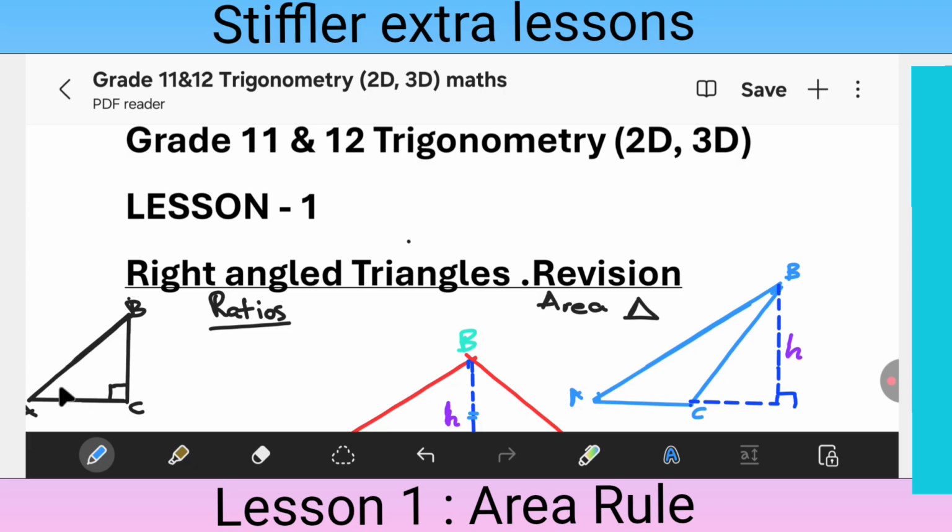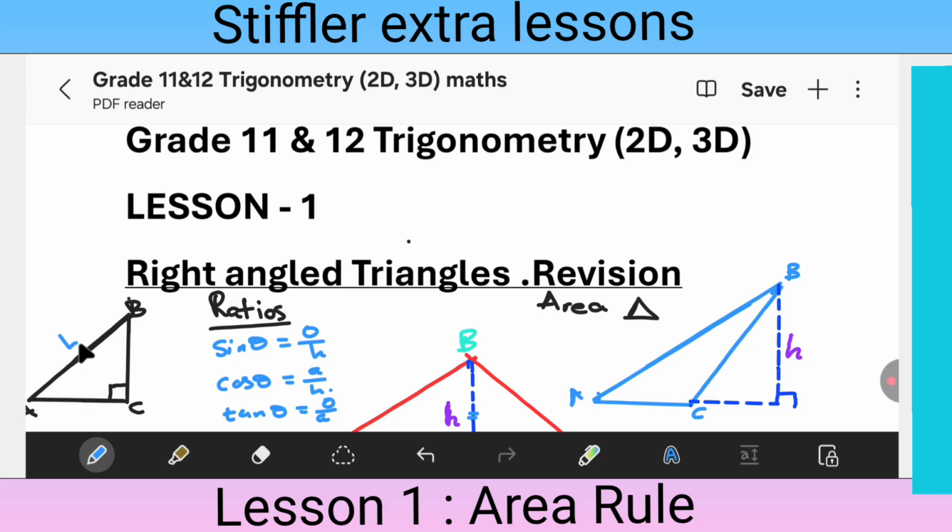We have sine of theta equal to opposite over hypotenuse, or cos of theta equals adjacent over hypotenuse, or lastly tan of theta equivalent to opposite over adjacent. This depends on which sides we have.